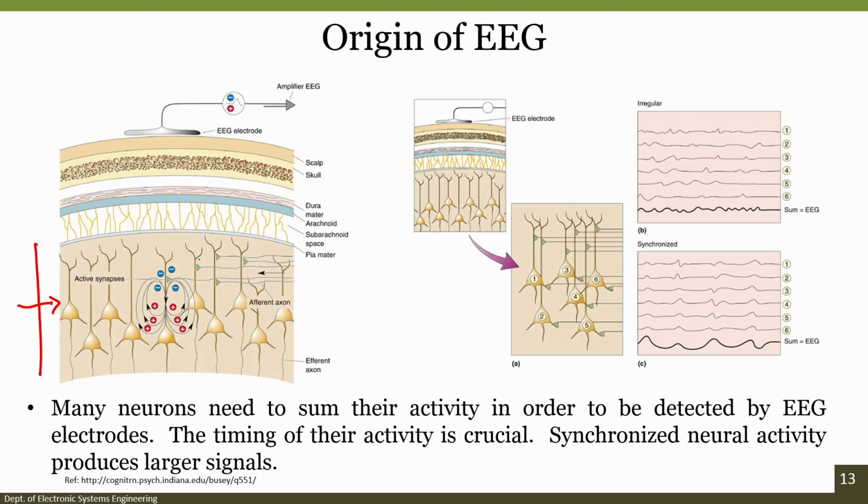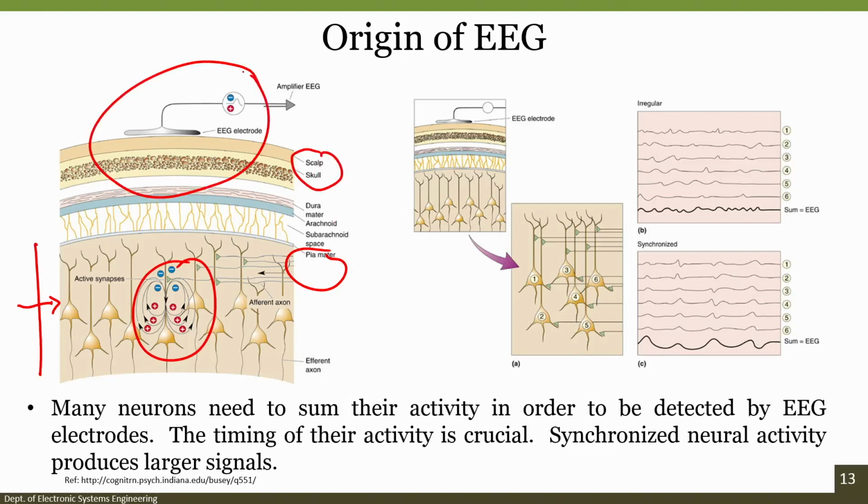The active synapses create a potential, and the group of neurons, in a synchronized manner, transmit the signal through the pia mater, the subarachnoid space, arachnoid space, dura mater, all the way through the skull to the scalp and to your EEG electrode. This is the group activity, and you can see the active synapses, how they generate a potential.